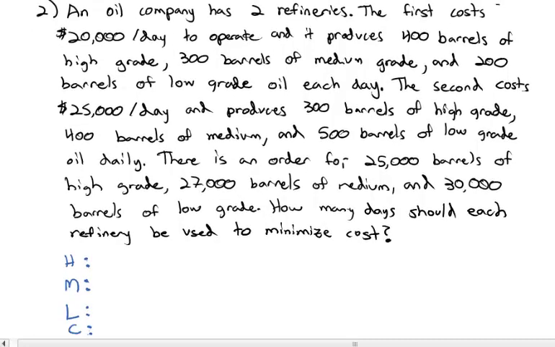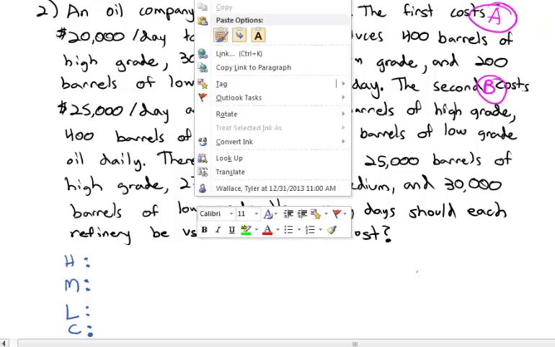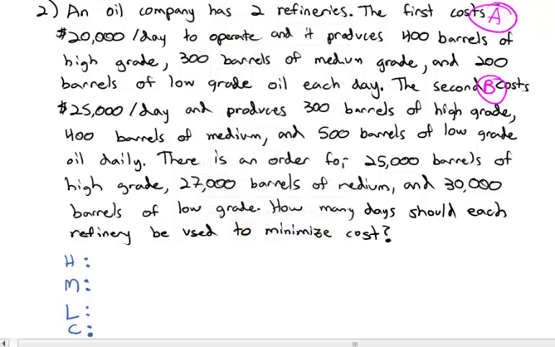Looking at the high grade, we'll call the first refinery Refinery A, and the second refinery Refinery B. So we'll have variables A and B. The first produces 400 barrels of high grade, the second produces 300, and we need 25,000.